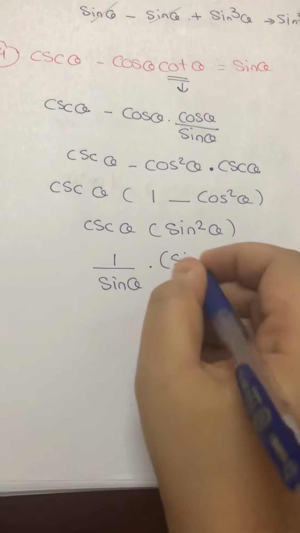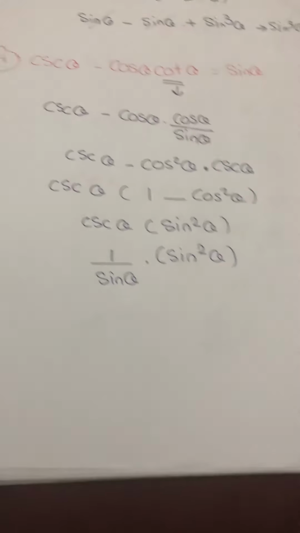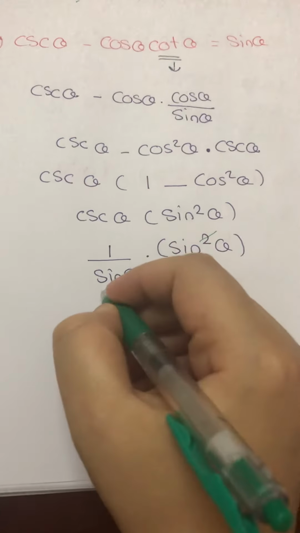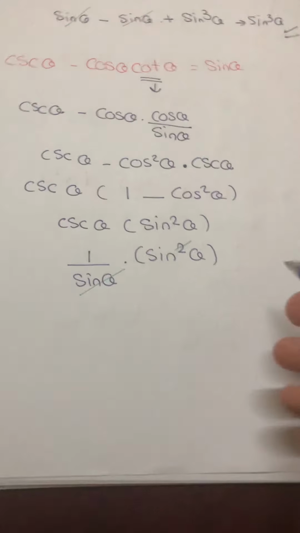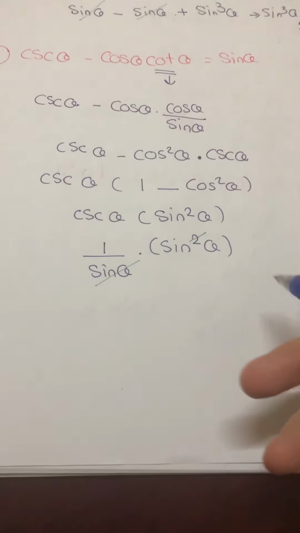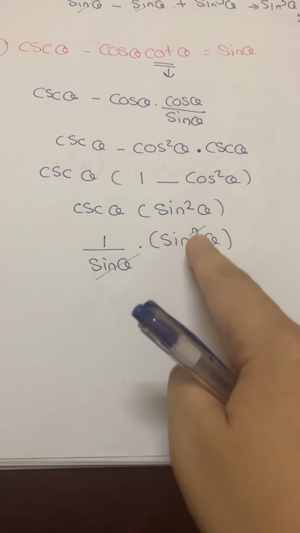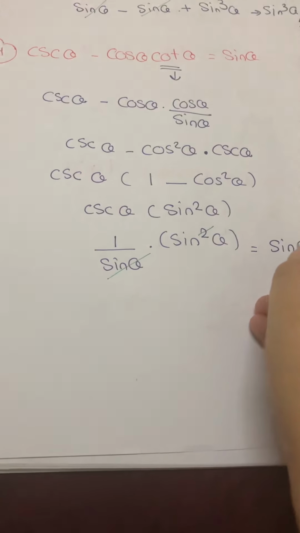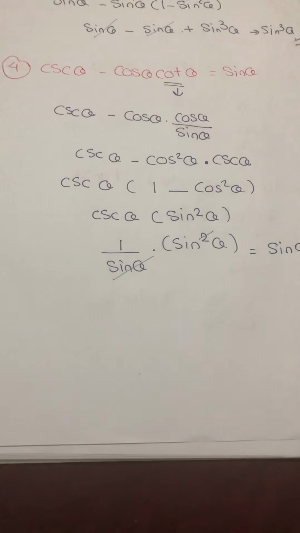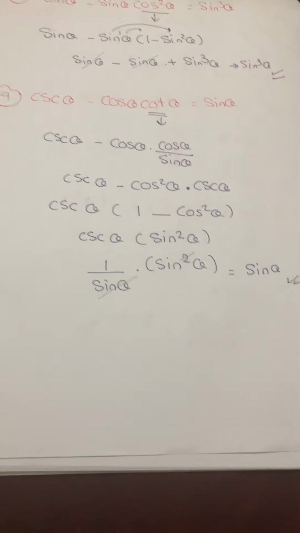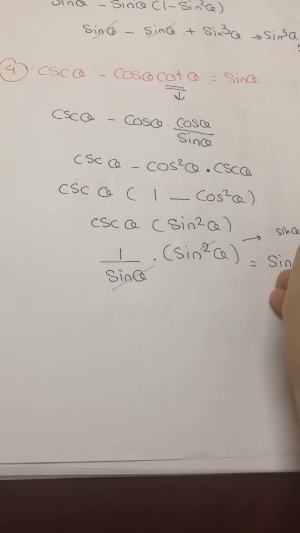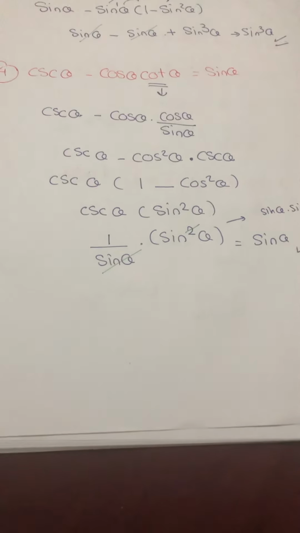If you look at the question from the beginning and you think, whoa, I don't know what to do, you will keep getting stuck. Try, work, you will reach the answer in your steps. I didn't know I'm going to do this. So now, if I cross one of the sine with one of the sine, I'll be left with sine theta, and here I proved it. Because sine squared theta is sine theta times sine theta, as you know. It's sine theta all squared.